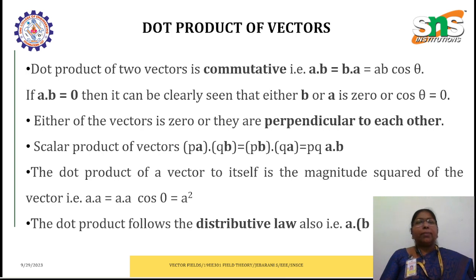Suppose my A vector has a scalar quantity, that is P times A, and another vector Q times B. If I multiply them, you automatically get P times Q times A dot B. And the dot product of a vector with itself is the magnitude squared of the vector. So if you have two vectors of equal quantity and you do a dot product, A dot A becomes A squared.